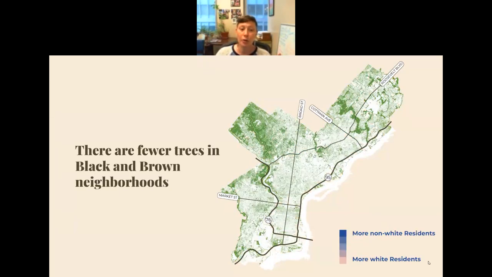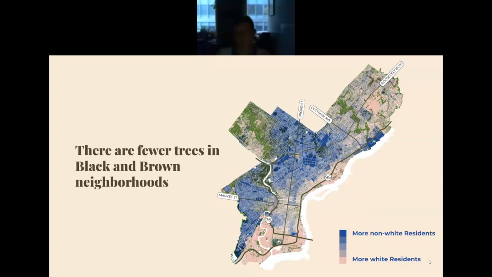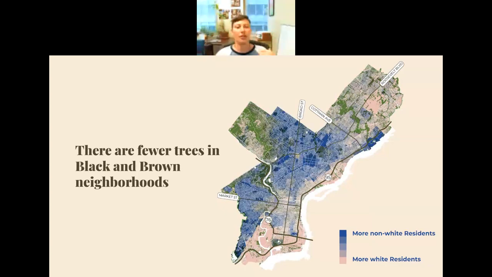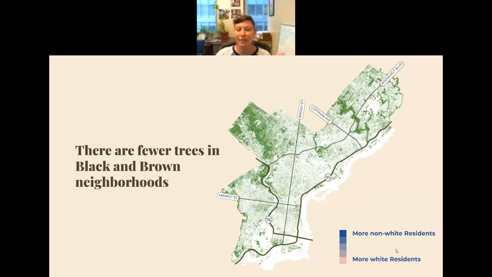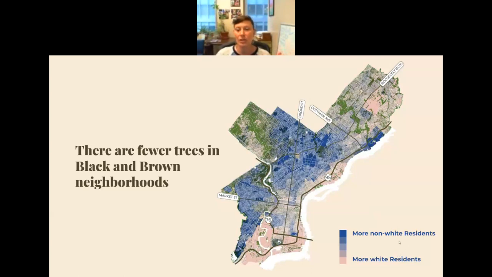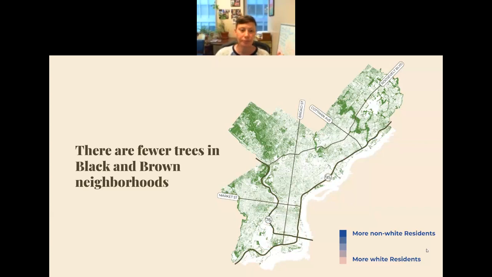There's also fewer trees in black and brown neighborhoods. Lots of cities like to say that they're the city of neighborhoods. Philadelphia likes to say that too, and we have a lot of very unique neighborhoods where demographics haven't changed in decades and decades, and so you can see these patterns.